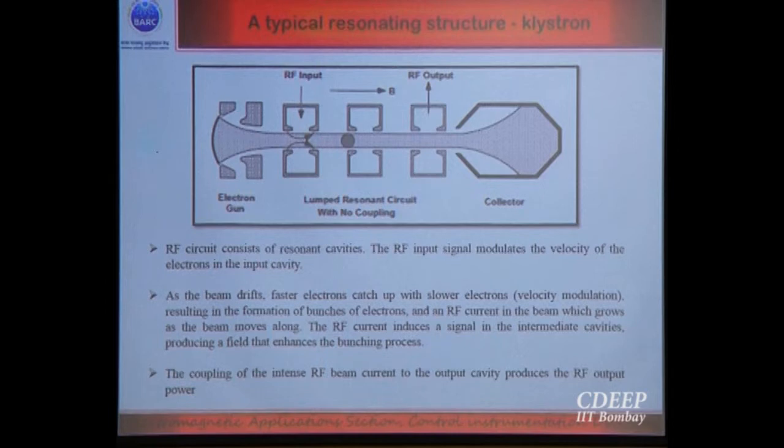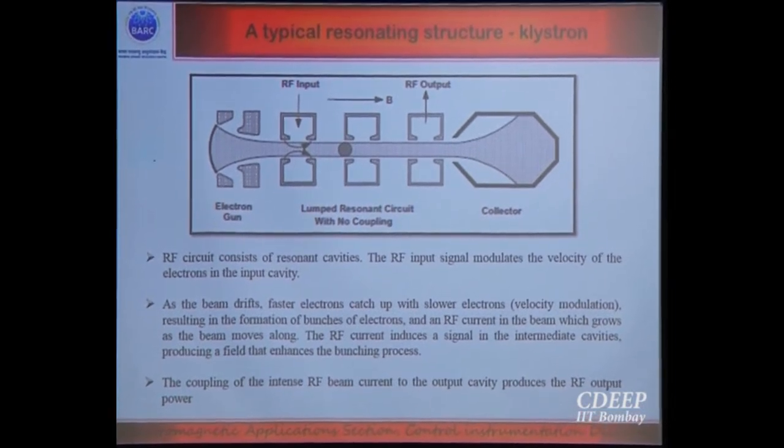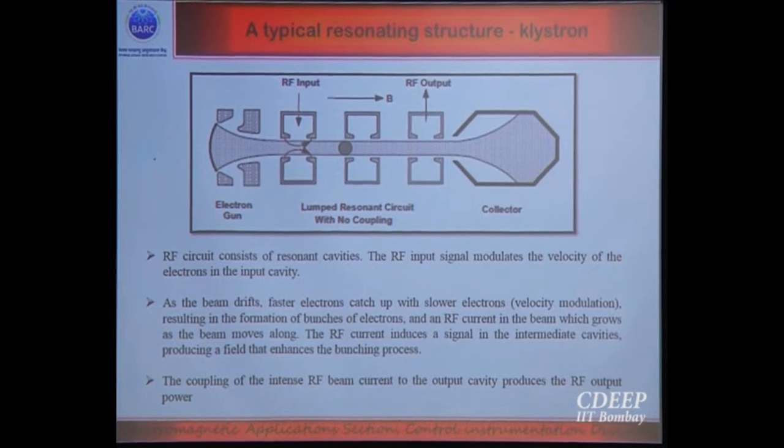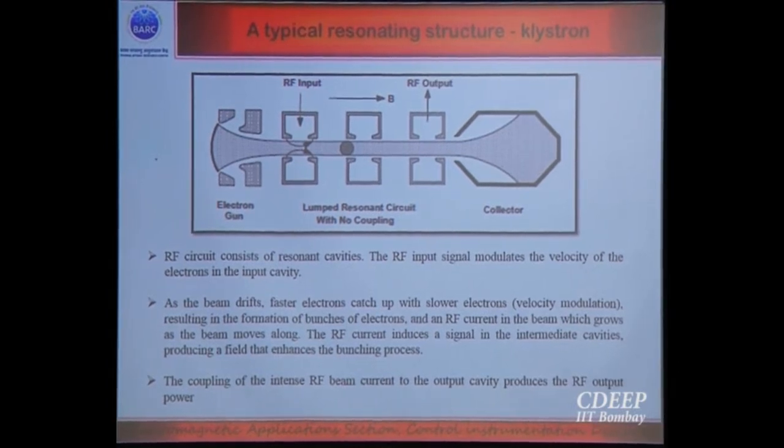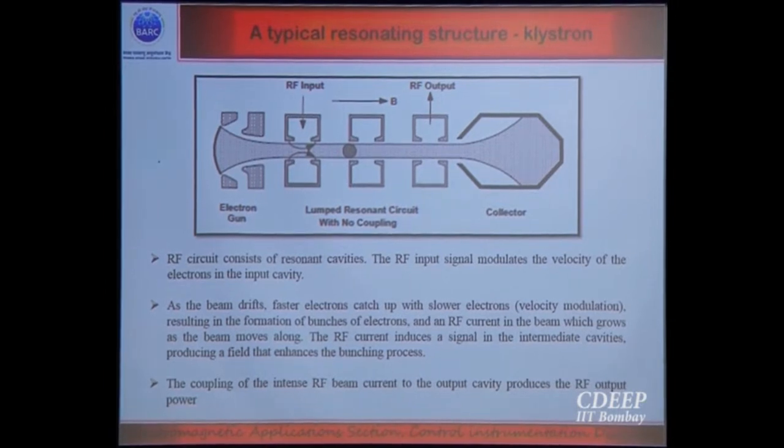So this is a typical resonating structure. It's a klystron. Like yesterday we saw, a klystron is an RF amplifier. In basic form, a klystron consists of 3 cavities, plus of course an electron gun, a resonant circuit, and a collector to collect the beam. It's related to the accelerator.